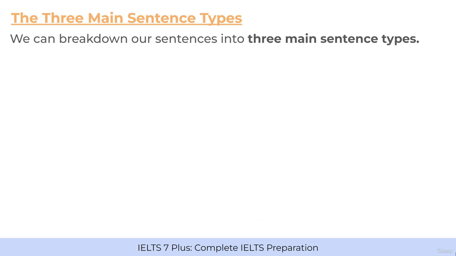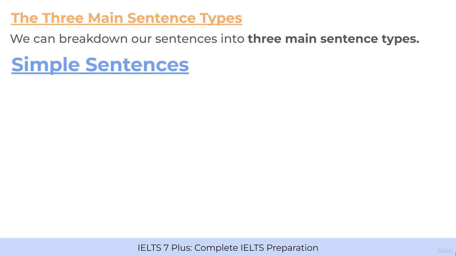Okay, so 3 sentence types. We can break down our sentences into 3 main sentence types. There are other ways that we can structure sentences with different names, but I think for IELTS students, even higher level IELTS students, it's good to think of sentences in 3 main types. Up first, we have simple sentences. This is mentioned within that band descriptor 6, can use simple and complex.